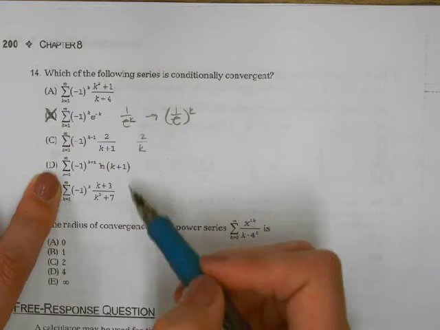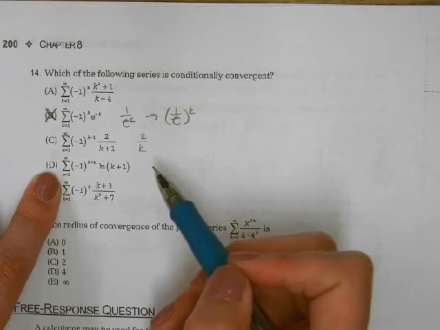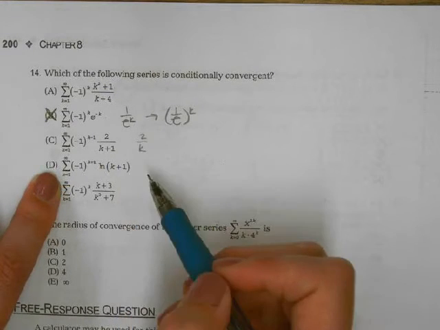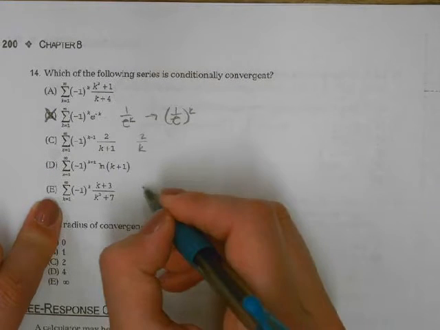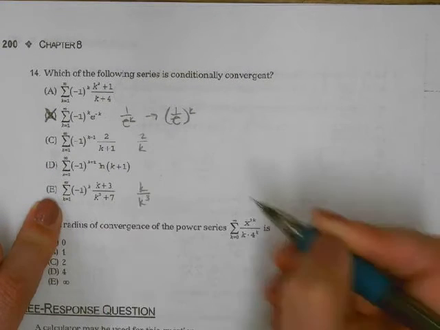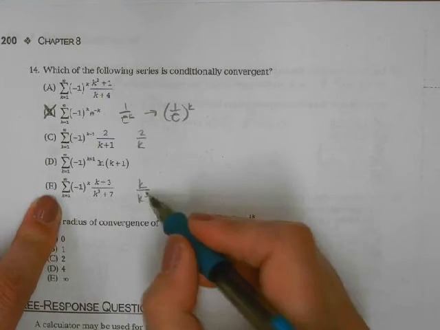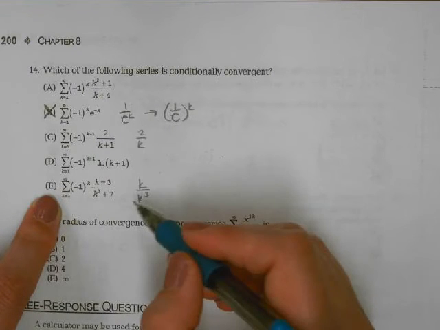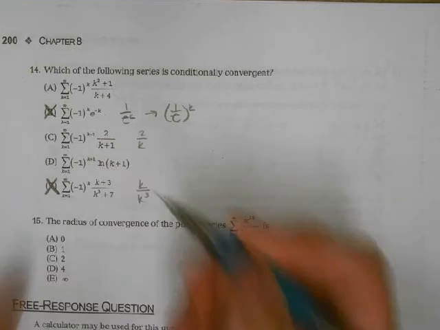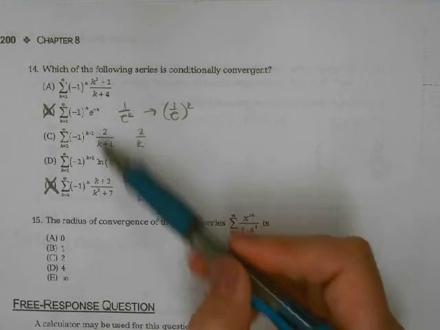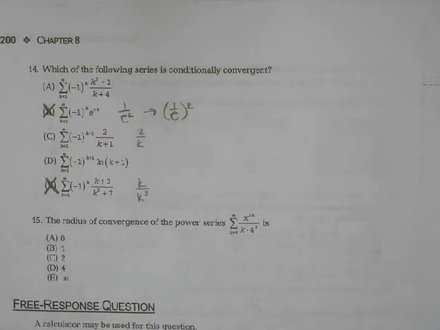For D, you can do the nth term test or the kth term test in this case. It's infinity, so that's divergent, so that didn't help me. This one, you can compare it with k over k to the third, which is convergent, and I found out that that was convergent as well. So these two are absolutely convergent, which helps, but that only narrowed it down to 3 answers.